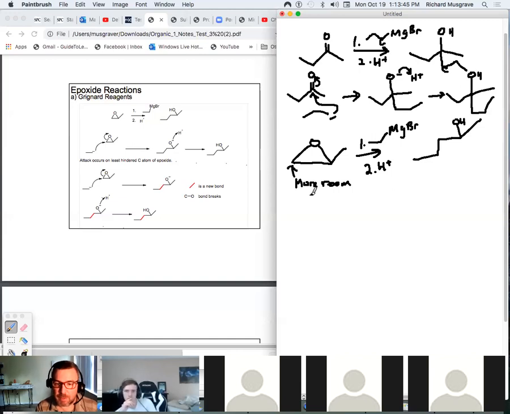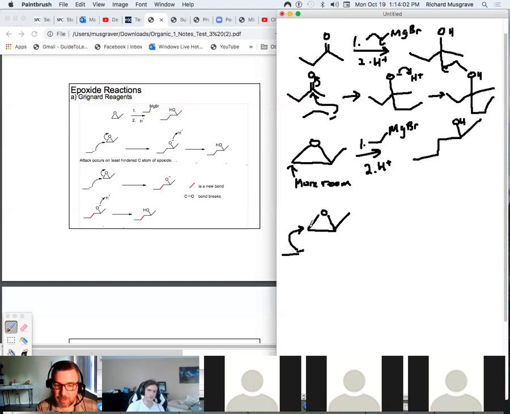And what that means is that's where the Grignard reagent is going to attack. Now I'm going to show you the mechanism for this, but what I want you to do is pay special note to the ketone mechanism. You'll see it's very similar.